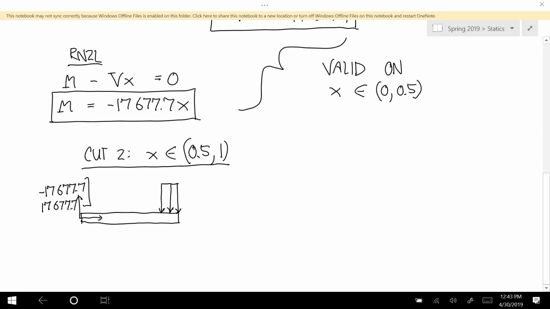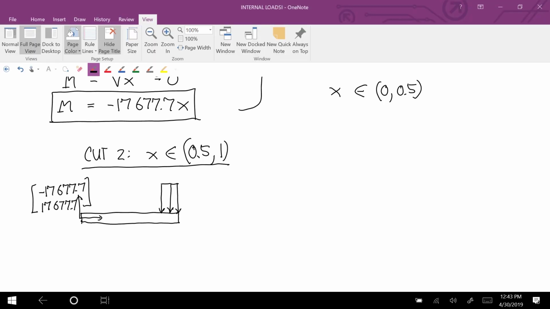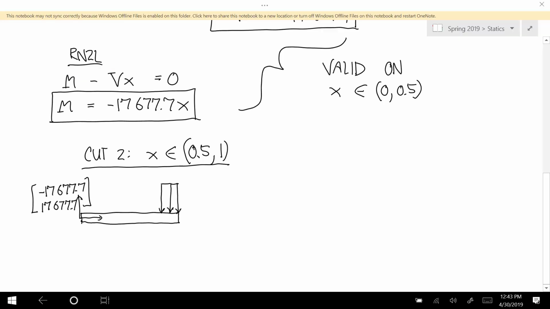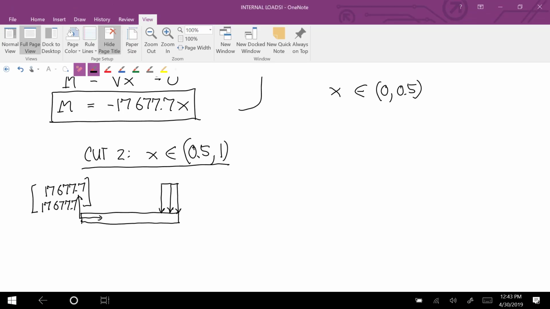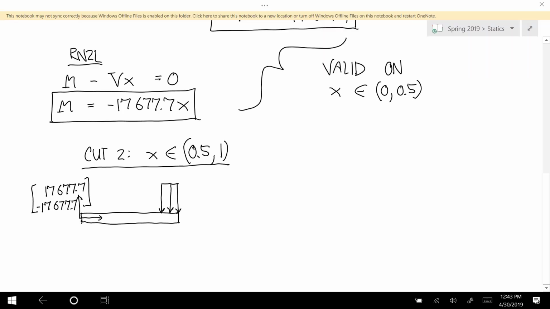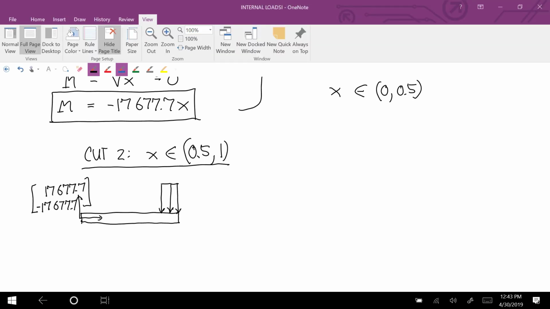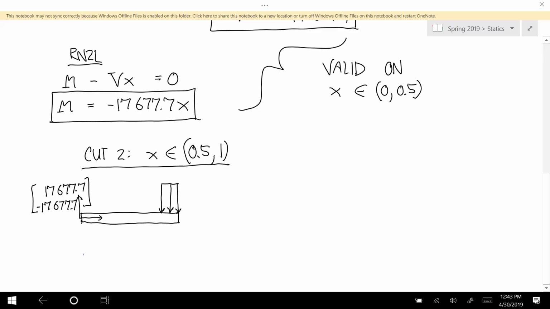I think I have those signs backwards. The whole length is x.